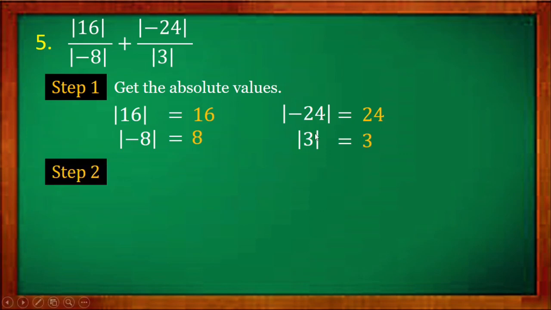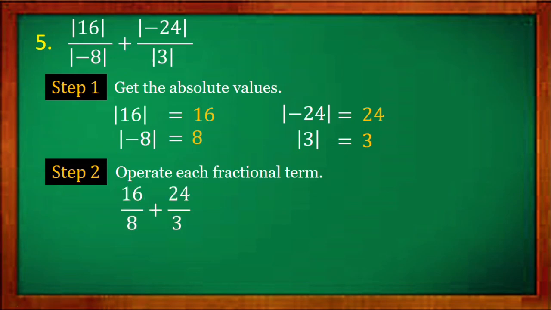After we get those absolute values, what we are going to do next is to operate each fractional term. So i-divide natin yung first fraction natin, then i-divide natin yung second fraction natin, then after natin makuha yung quotient ng dalawang fractional forms, i-add naman natin. So unahin natin si first fraction natin: absolute value of 16 again is 16, absolute value of negative 8 is 8, plus absolute value of negative 24 is positive 24, and absolute value of positive 3 is positive 3.